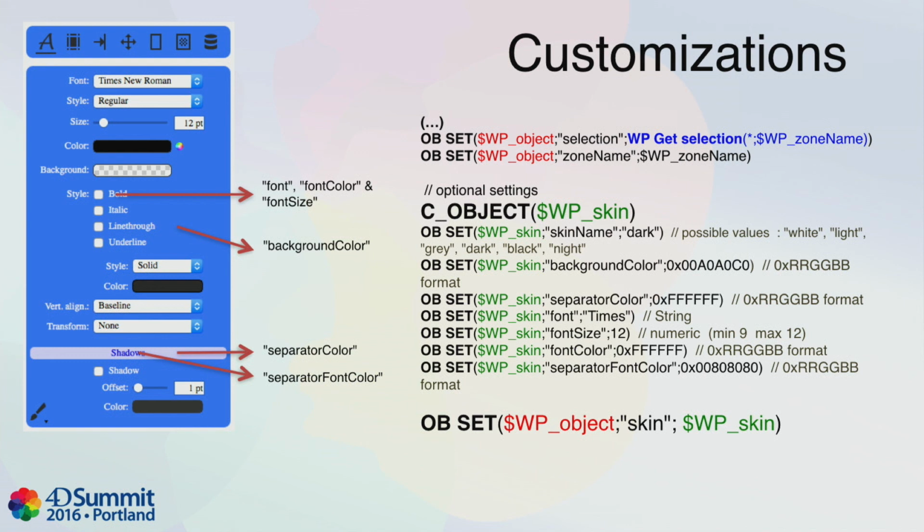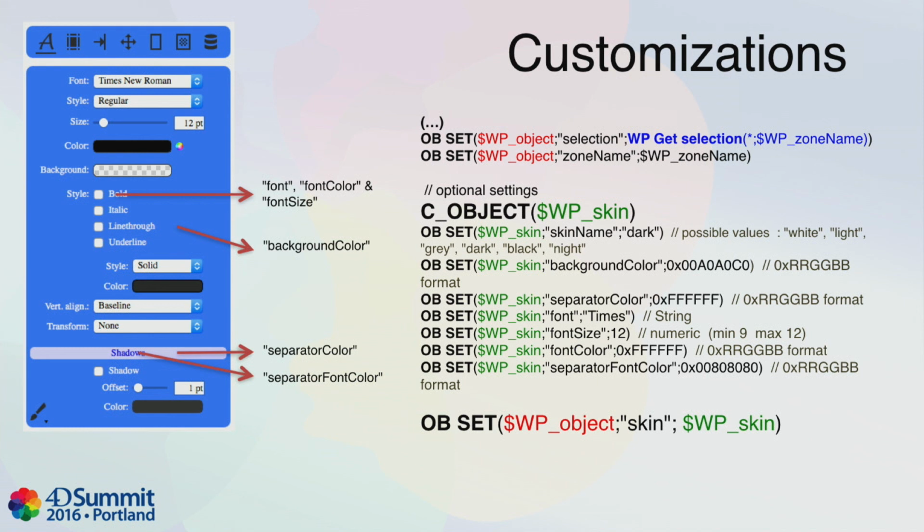This attribute will be an object itself. I've named it skin, just to make it clear. You can name it the way you want. And in this object, you have to define a couple of things. None of these attributes are mandatory. You can only pass one if it's enough for you.